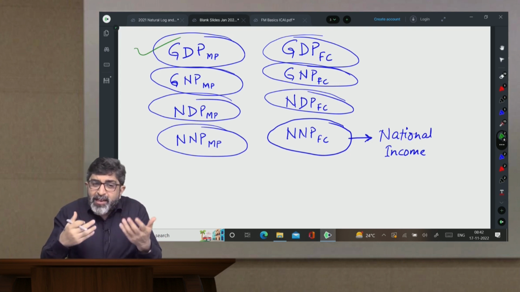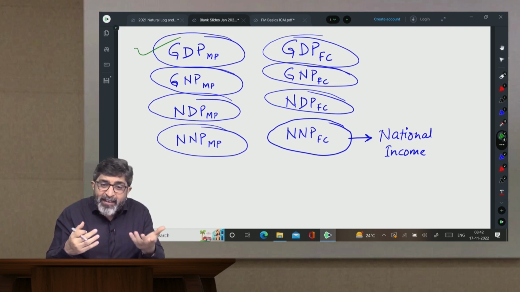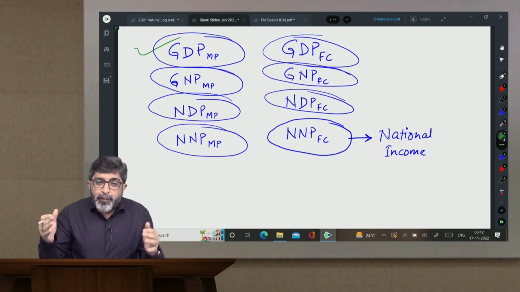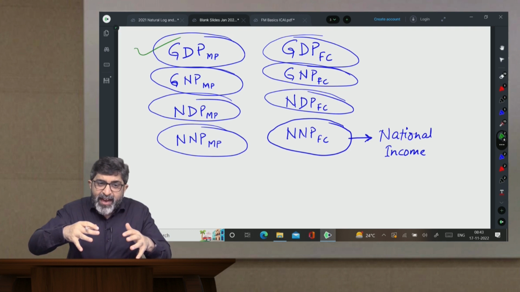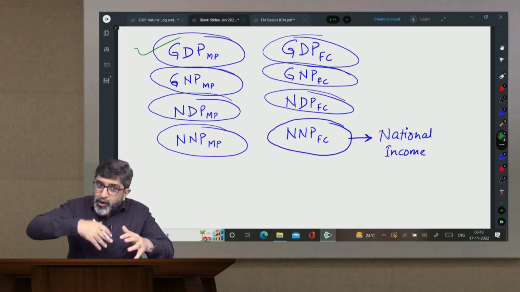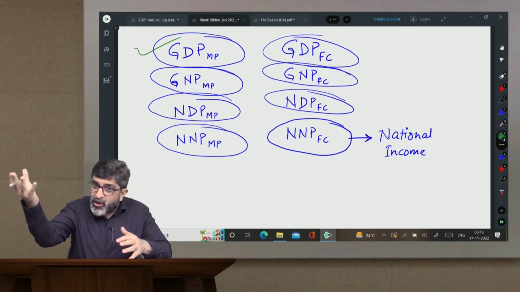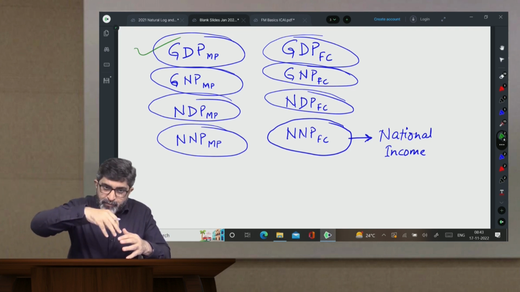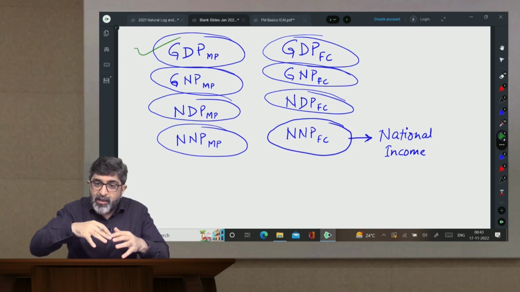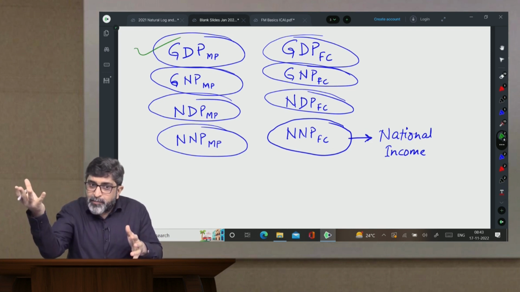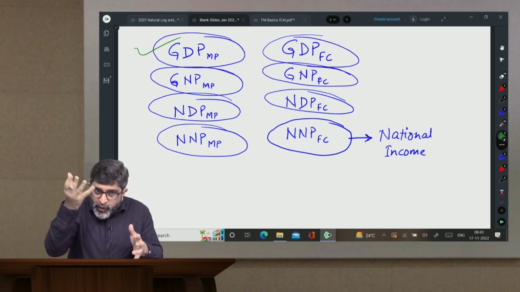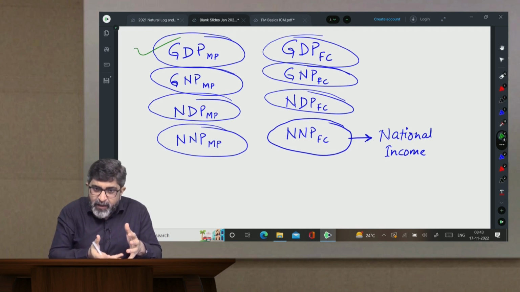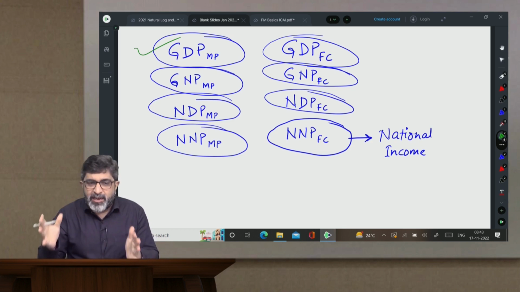Can we recollect the meaning of net factor income from abroad? Indian companies and citizens who are working outside India and earning income from there, we will add their income as part of GNP, and foreign companies and citizens who are producing goods and services in India, their income we will deduct from GDP to arrive at GNP.